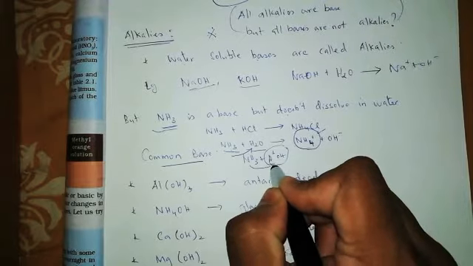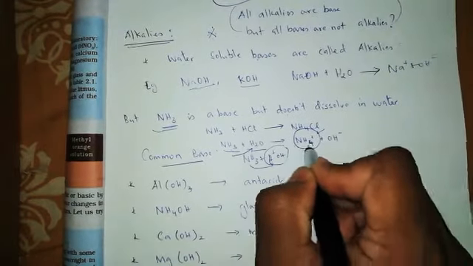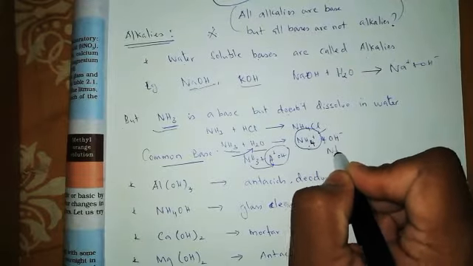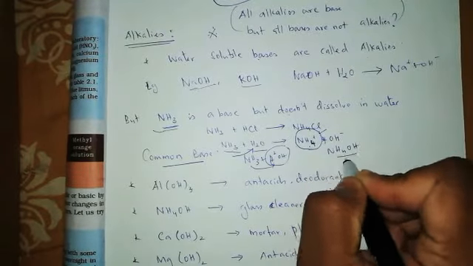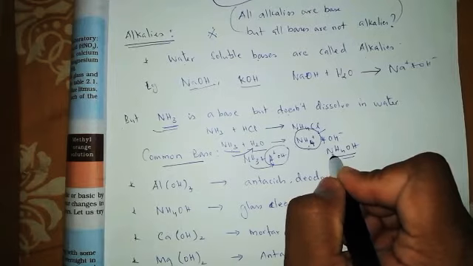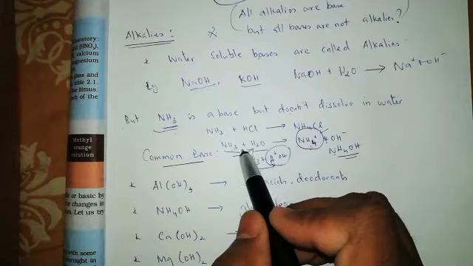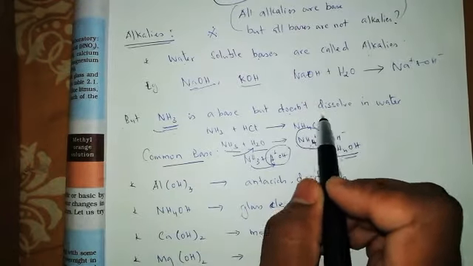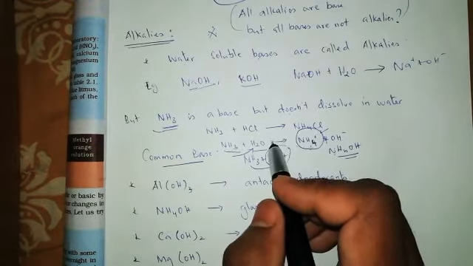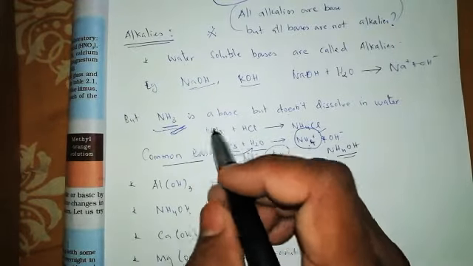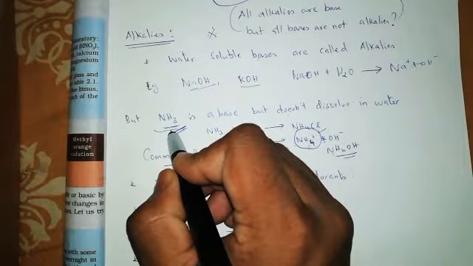So it takes one H plus and becomes NH4 and OH negative ion, that is NH4OH. Can you understand that ammonia is actually a base, but it does not dissolve in water, and that is why ammonia is not an alkali, but it is a base.